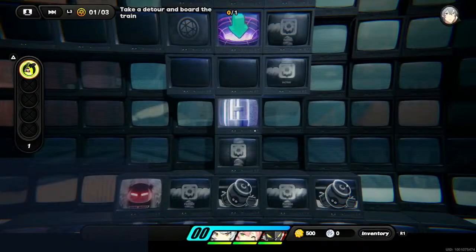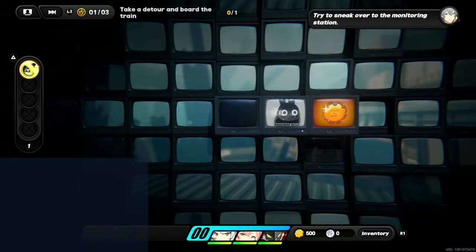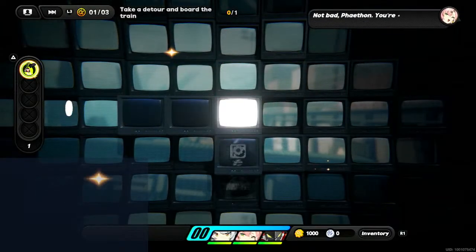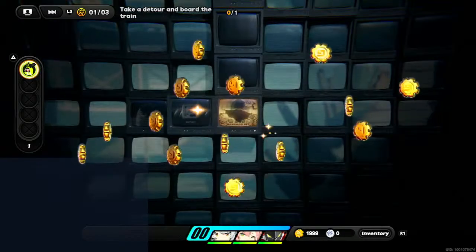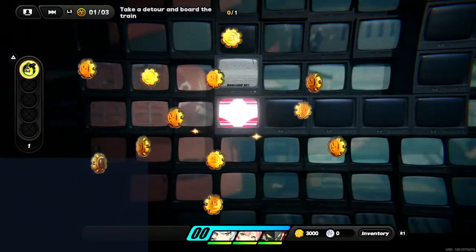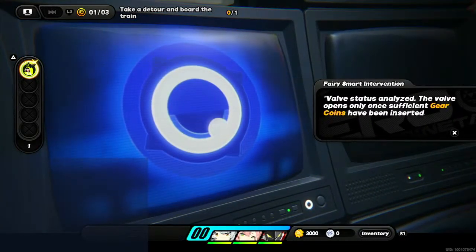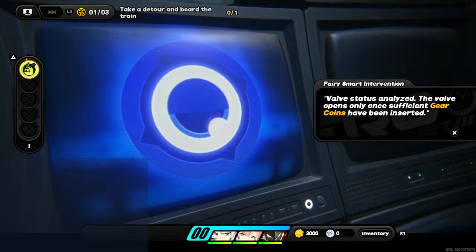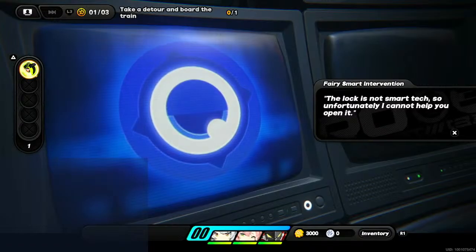This path's blocked. We can't go this way. Let's take the secret way then. Try to sneak over to the monitoring station. Not bad, Phaethon. You're so prepared. Valve status analyzed. The valve opens once sufficient gear coins have been inserted. The lock is not smart tech, so unfortunately, I cannot help you open it.